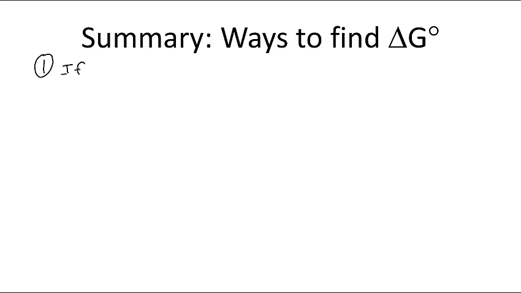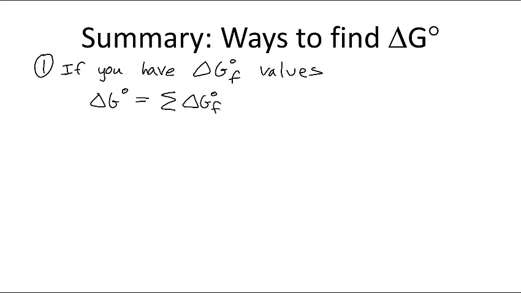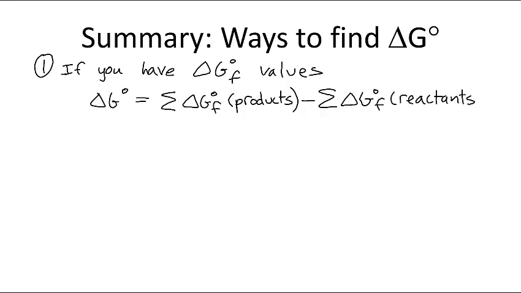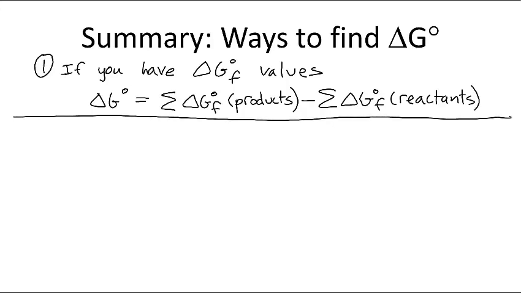If you have delta G of formation values, if you're given a table, you're allowed to look in the back of the book, then delta G naught for the reaction is going to be equal to the sum of delta G of formation for the products minus the sum of delta G of formation for the reactants. So that's one way to find delta G naught for a reaction.